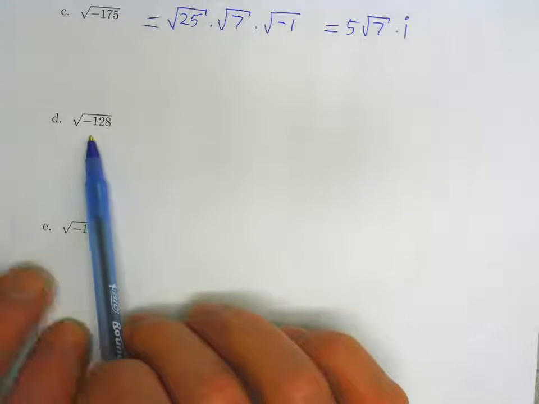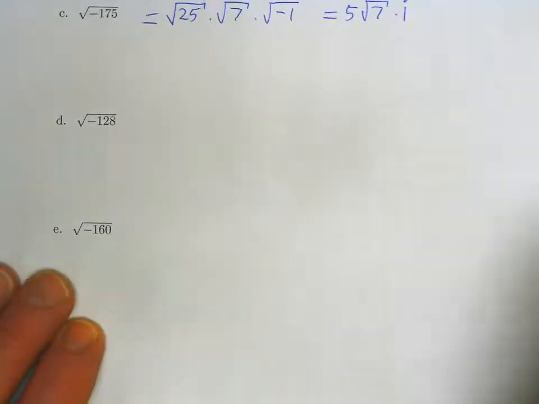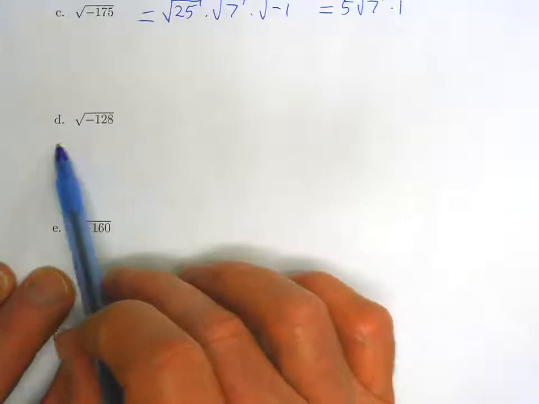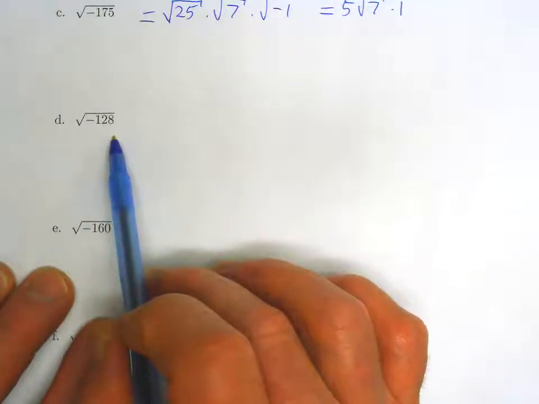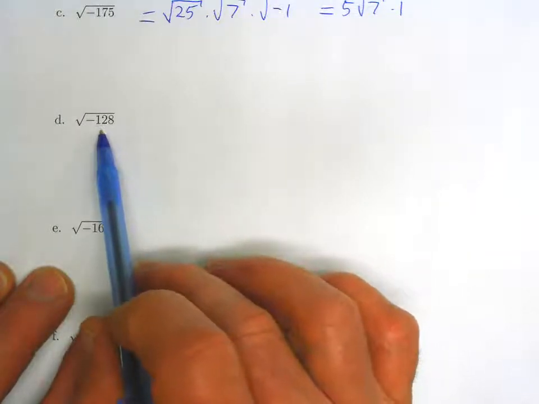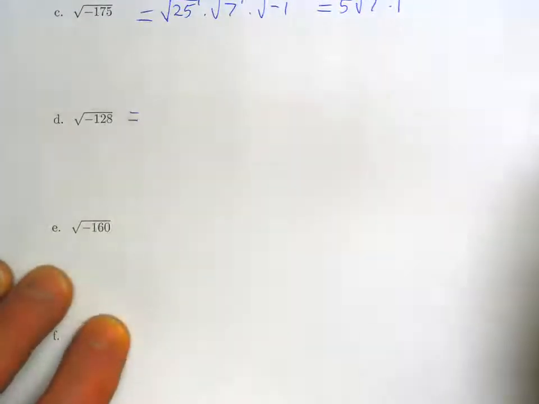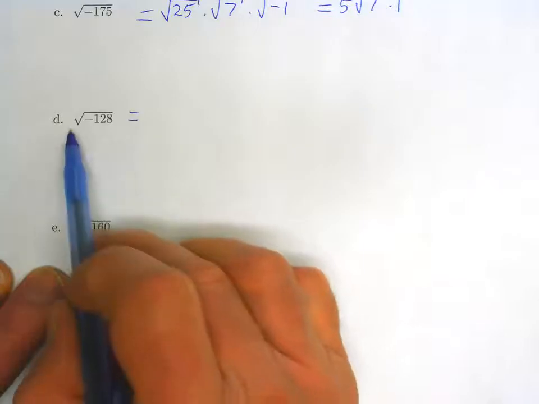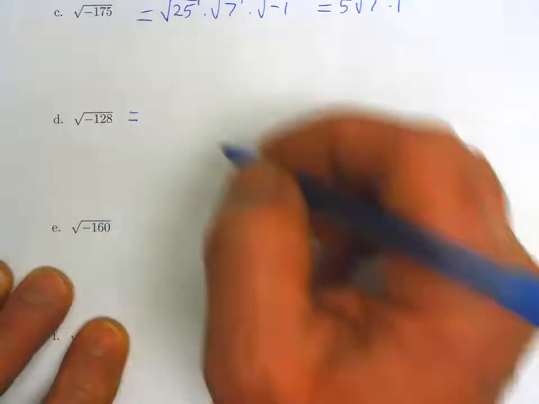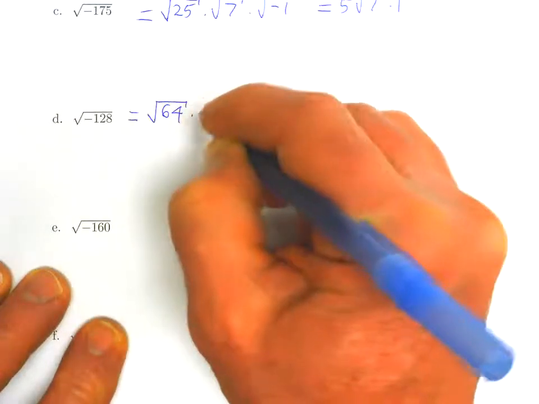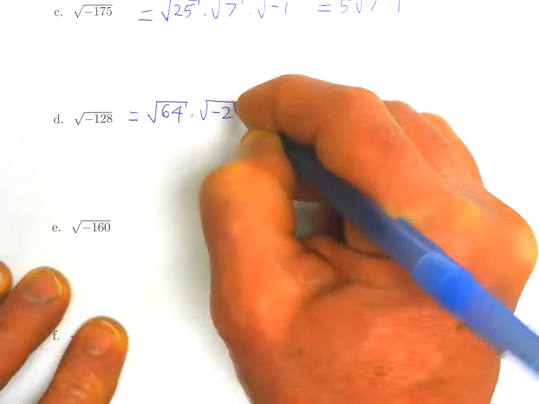Okay, the next one, the square root of negative 128. Well, 64 is a perfect square, and 64 times negative 2 is negative 128. I'll write a little bit more detail on this one. Think of the square root of negative 128 as the square root of 64 times the square root of negative 2.